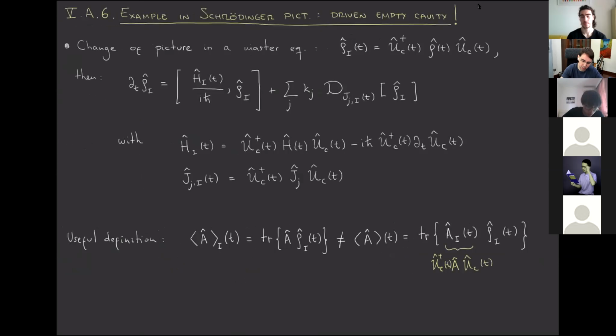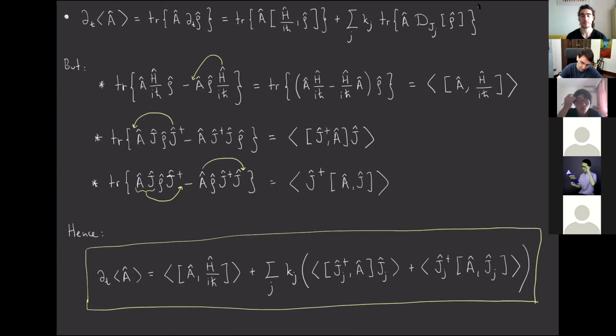I remind you, first of all, how to move to a new intermediate picture, just transforming the jump operators and the Hamiltonian as we know, and then how to find evolution equations for the expectation value of any operator. With this knowledge, now we can consider the example.